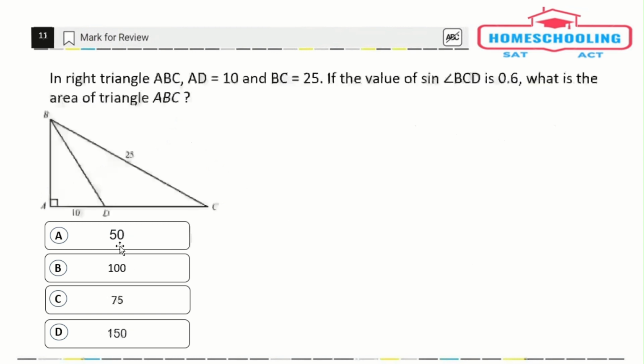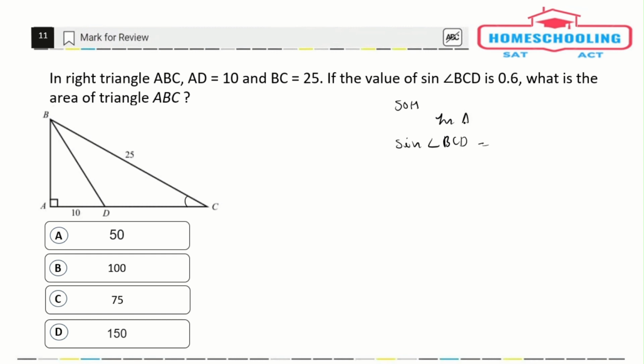Now moving to the next question. In right triangle ABC, AD is 10, BC is 25. If the value of sine angle BCD, SOHCAHTOA, so sine angle BCD would be opposite by hypotenuse.